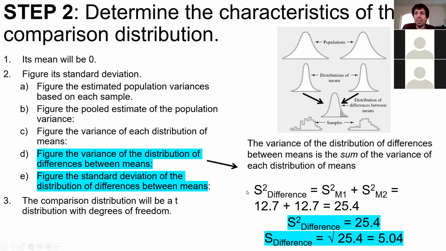And one of the things that allows us to add two variances together, this might look strange, because in the past we have always had to calculate a variance with a formula that involved at least some division. But here, there's something interesting going on, because when we are combining two distributions of means that each have their own variance, this is mathematically possible.